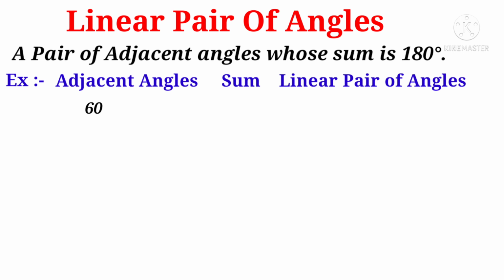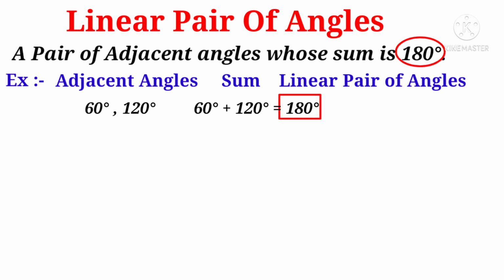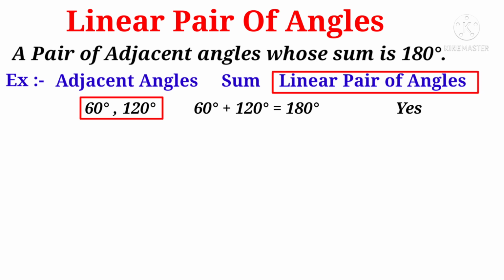For example, let us take 60 degrees and 120 degrees. The word sum indicates the plus operation. So by adding 60 and 120, we get 180 degrees, which is the same as in the definition. So yes, the adjacent angles 60 degrees and 120 degrees form a linear pair of angles.